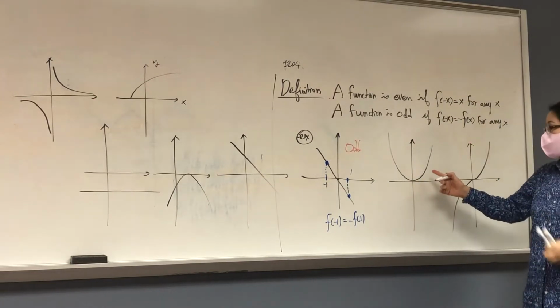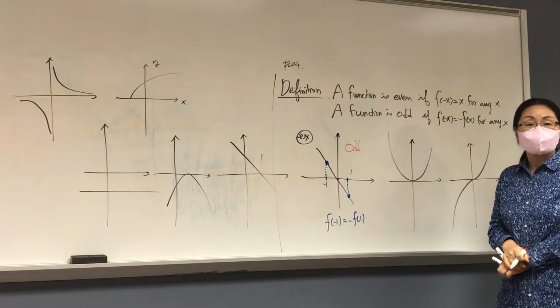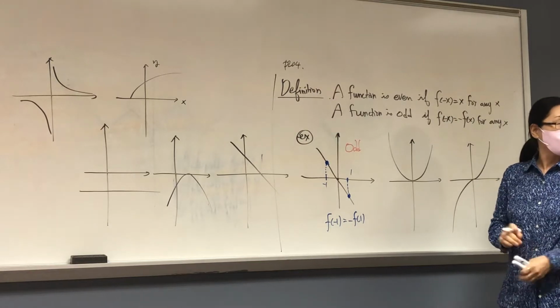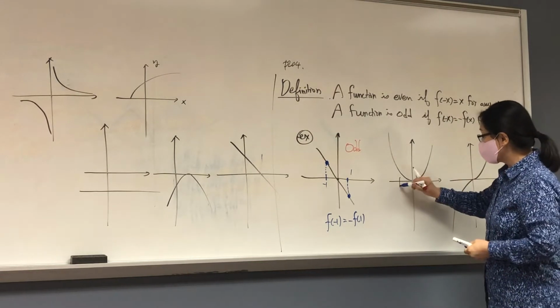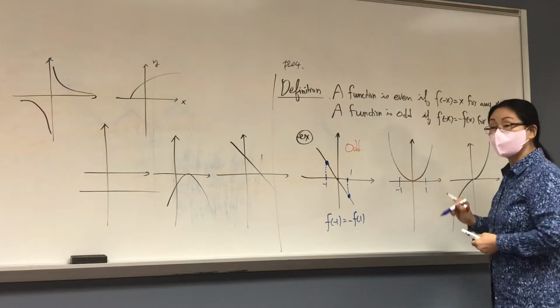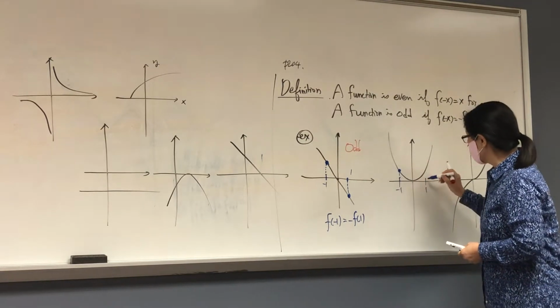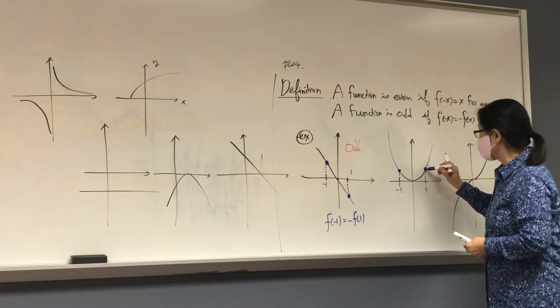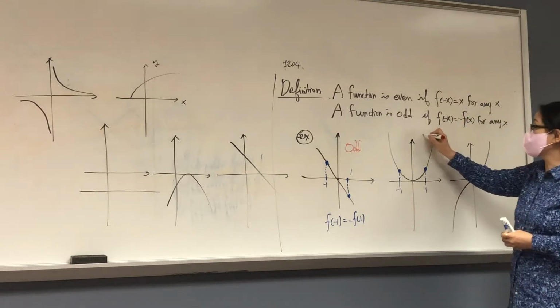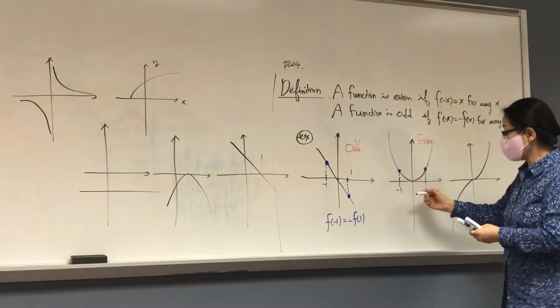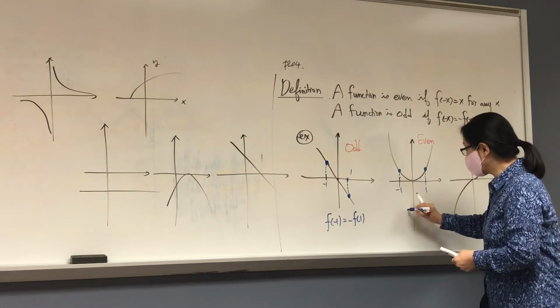Similarly, you choose, and then this is even or odd? So it's odd? No. Even, of course even. Why? In this case, what do you need to satisfy?